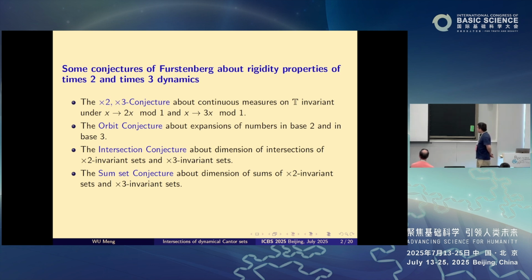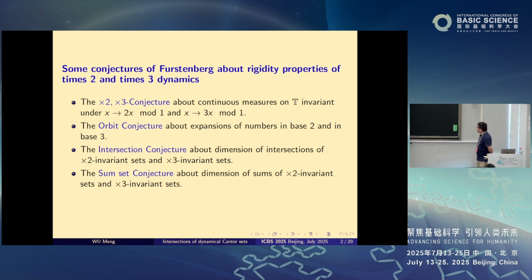Probably the most famous conjecture in this series is the so-called times 2 times 3 conjecture about invariant measures under these maps. Another very deep conjecture we can maybe call the orbit conjecture. That's about expansions of numbers in base 2 and in base 3 that we will talk about a little later.